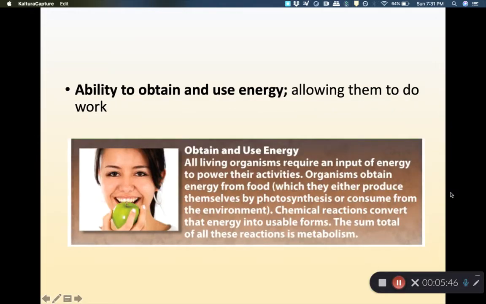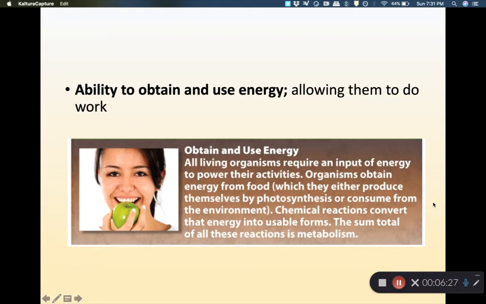And lastly, we have this ability to obtain and use energy. So it's allowing an organism to do work. All organisms have the ability to take in some sort of energy, either sunlight or nutrients, and then use that energy to create proteins or basically sustain the chemical reactions that are necessary for an organism to maintain homeostasis.